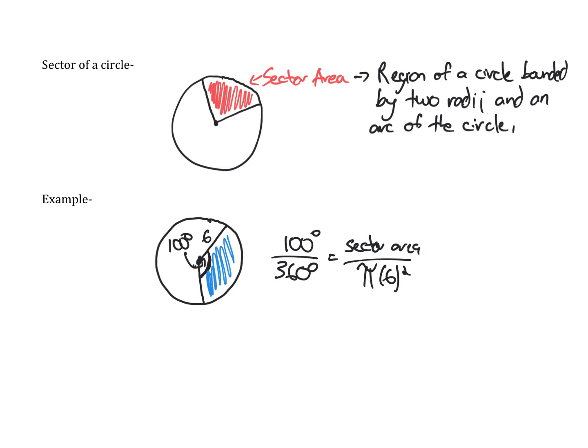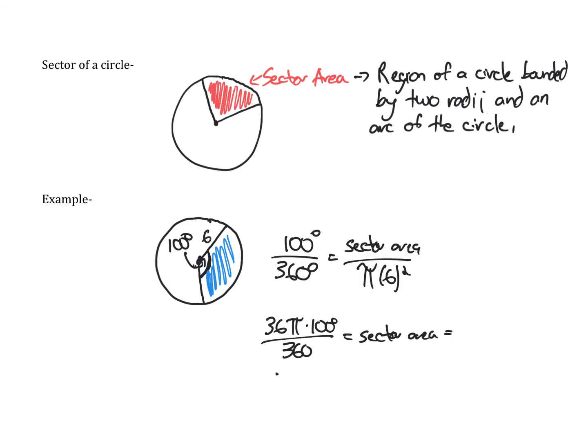In that case, we would cross multiply. So we would do pi times 6 squared times 100. Maybe I'll write it out: 36 pi times 100 divided by 360 should give me my sector area.